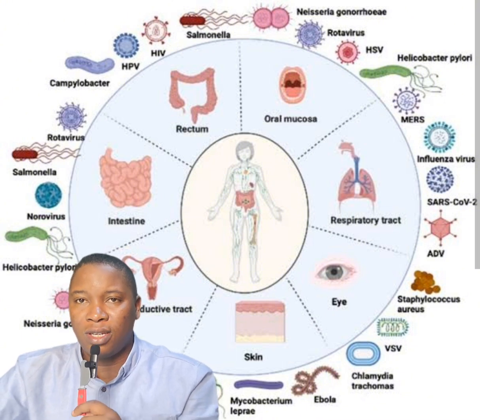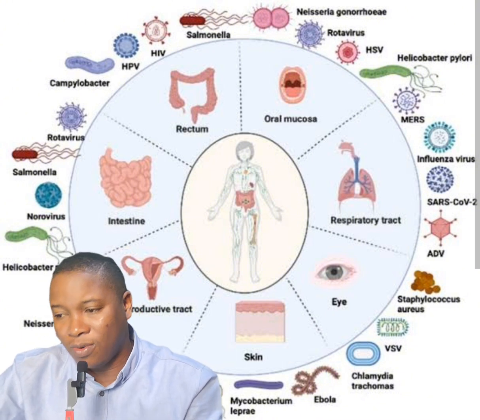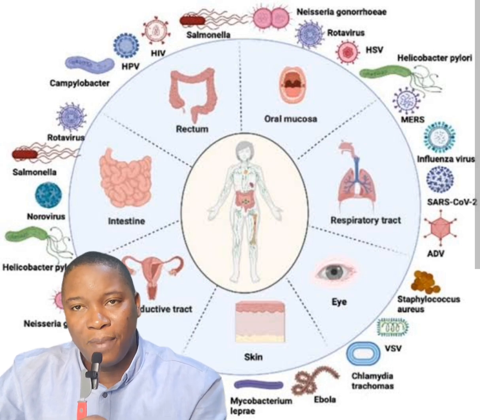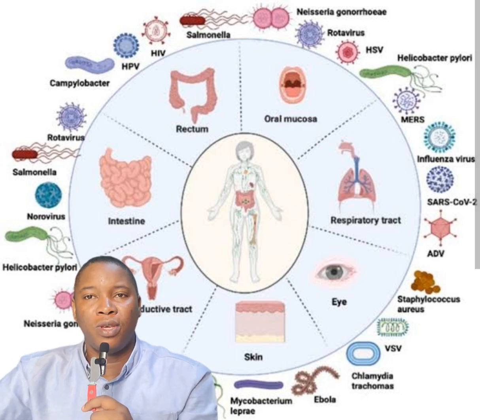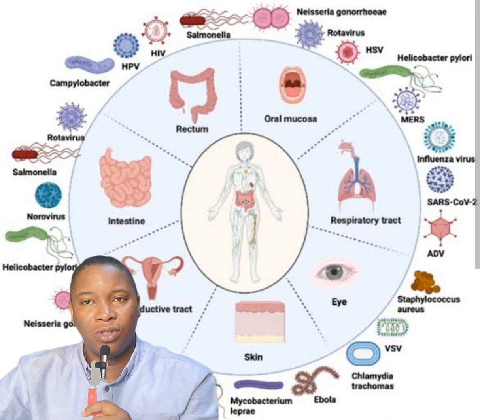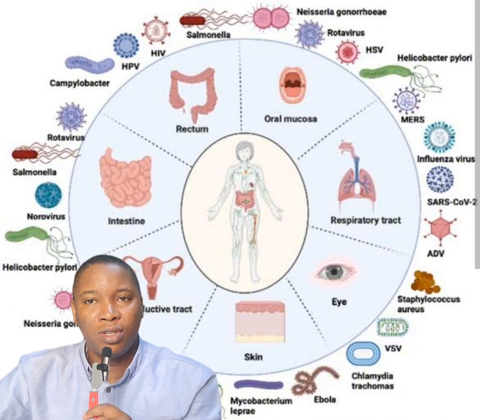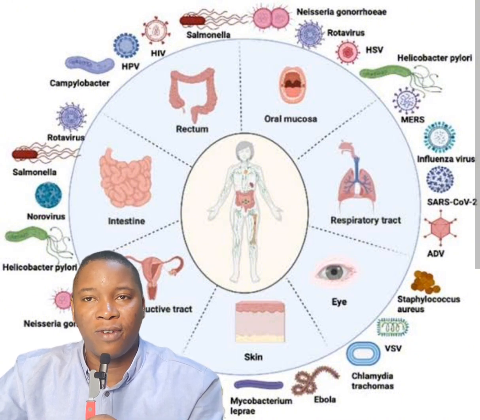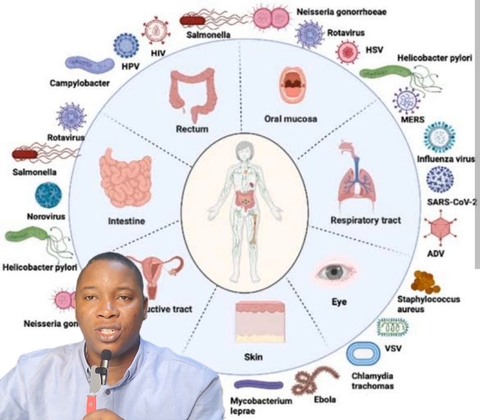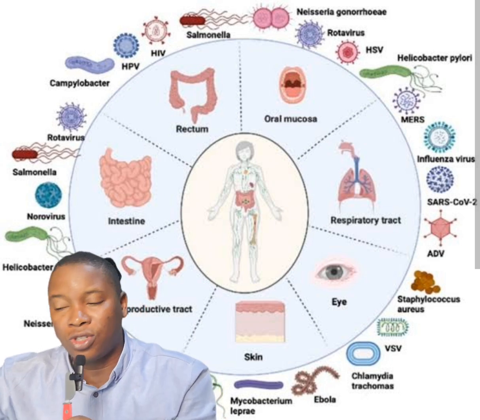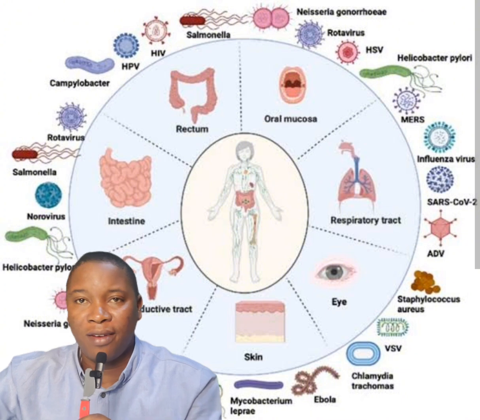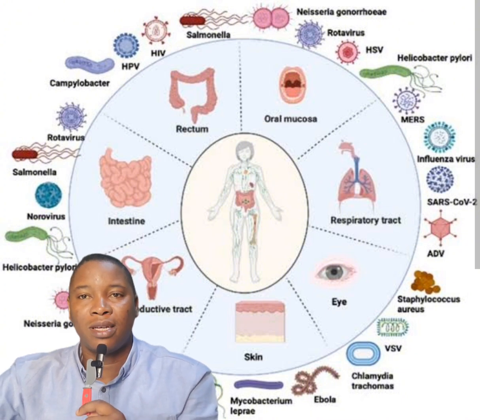Then we also have pyelonephritis. Pyelonephritis is from the nephron. You know, the nephron is the functional unit of the kidney. So when you say pyelonephritis, you're talking about infection in the kidney, which would affect production of urine and affect every other thing. This is just where we are stopping today.